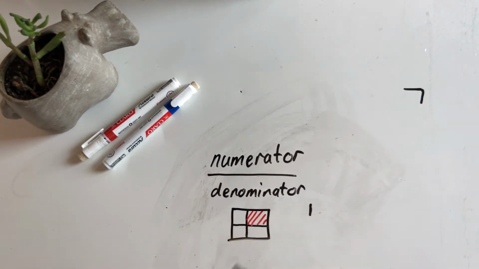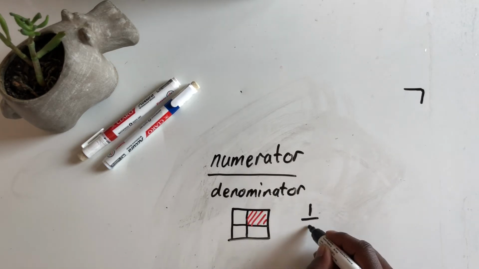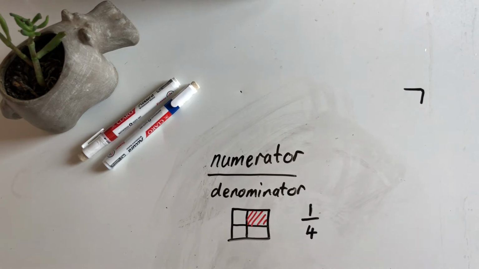So the fraction is what we've taken out, okay? And then the denominator is represented by the number of equal parts, so that's 1, 2, 3, and 4. So here the fraction represented would be a quarter, okay?